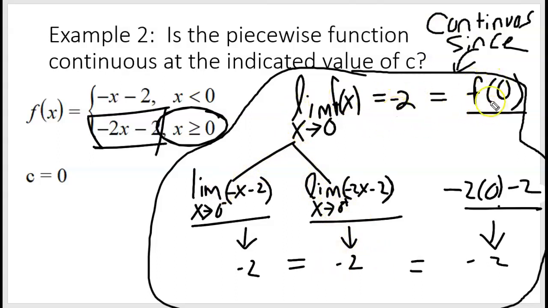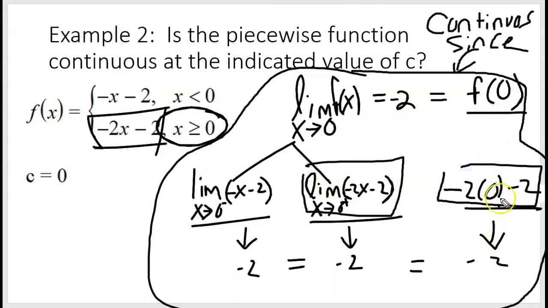Whether or not you have to do f of 0 is kind of silly, because honestly, this and this are identical anyway. But just to be safe, we're going to show the process of plugging in the point to the part with the equal sign, just to make sure we're covering all of our bases and proving every part that needs to be proven.